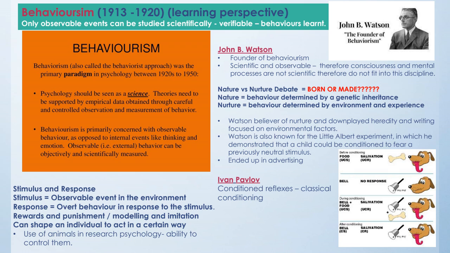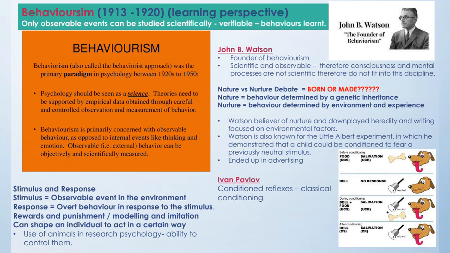What you see is what has to be scientifically measured. Back in those days, you can't put humans in a laboratory, so a lot of the work that behaviorists did used animals to come to their conclusions. And we look at some significant contributors to this discipline.